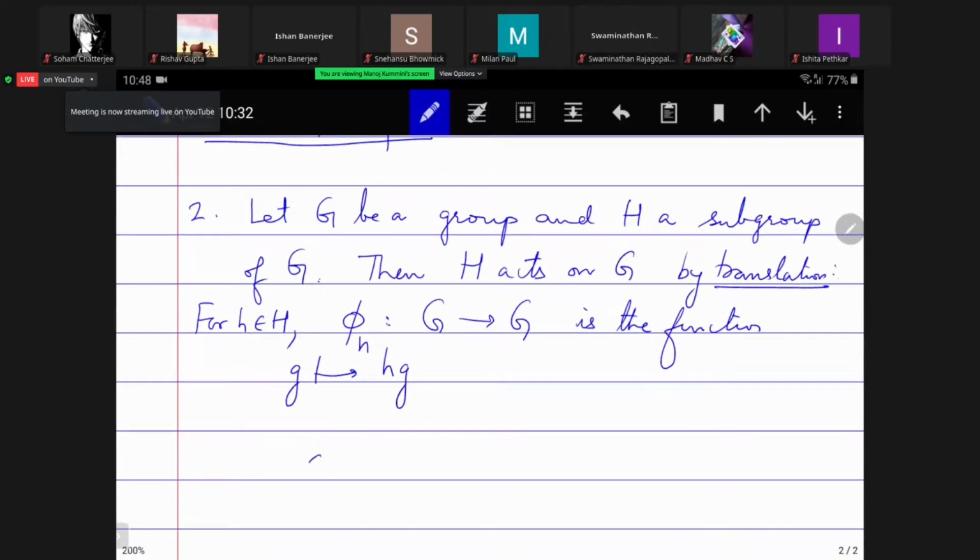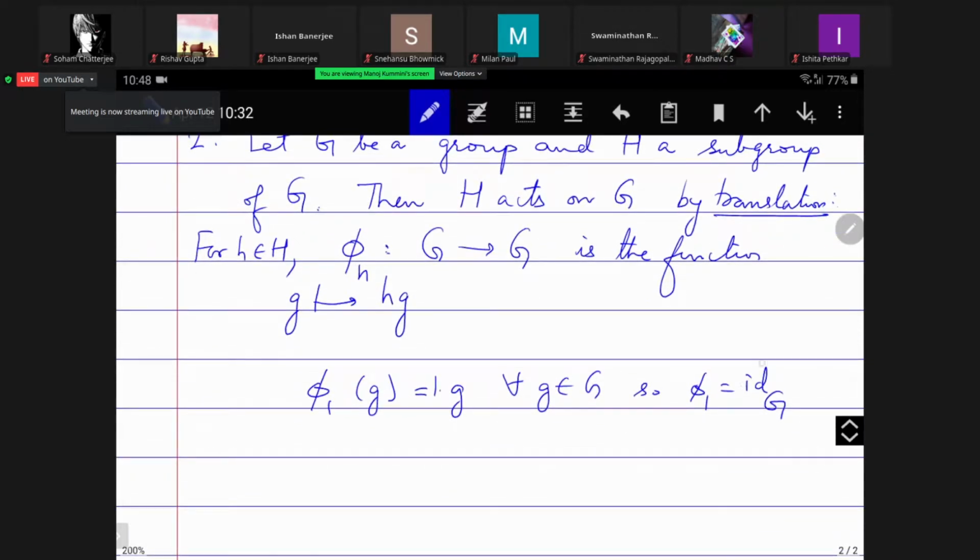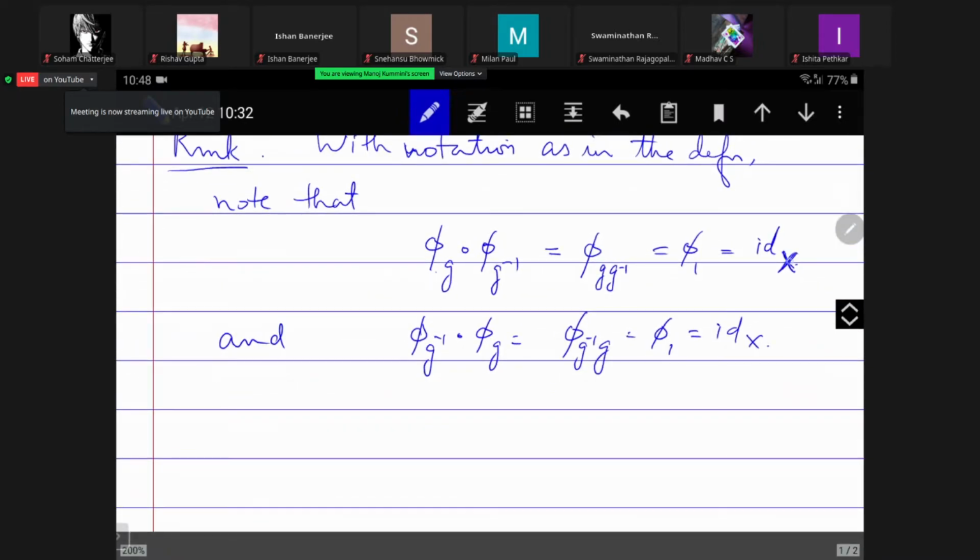Phi of 1, 1 belongs to H. This is the function which sends G to 1 times G for all G inside G. So phi of 1 is the identity function on G. This is a notation that I will use to denote the identity function. I already used it here, I think. So ID sub X from X to X is the identity function.